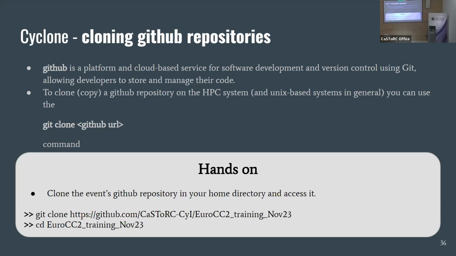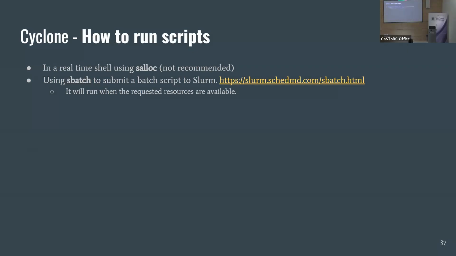Have you all downloaded the repo and navigated into it? Okay, now let's learn how to actually run scripts. As we said before, you can use a real-time shell using a salloc, which is not the recommended way to use an HPC.